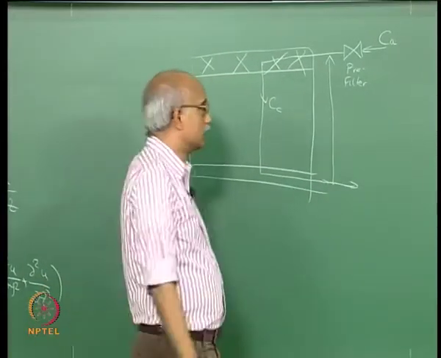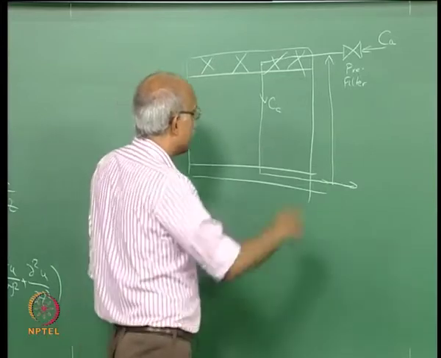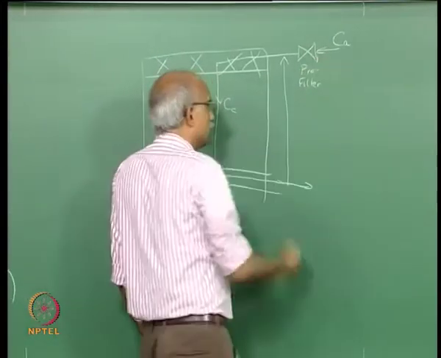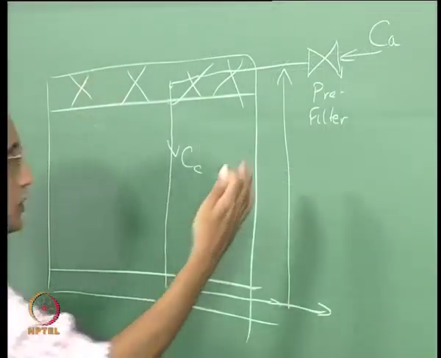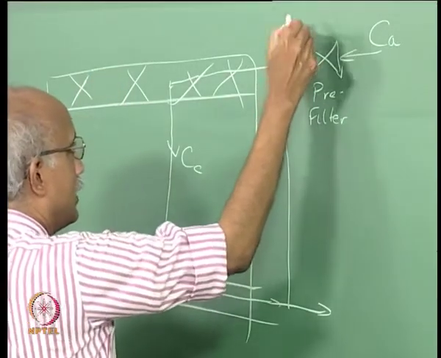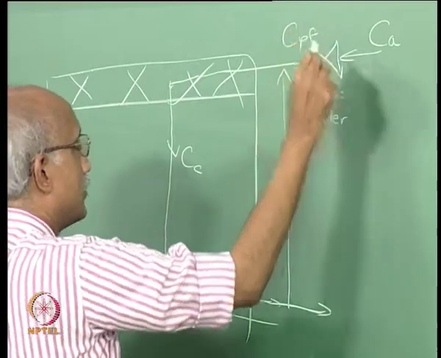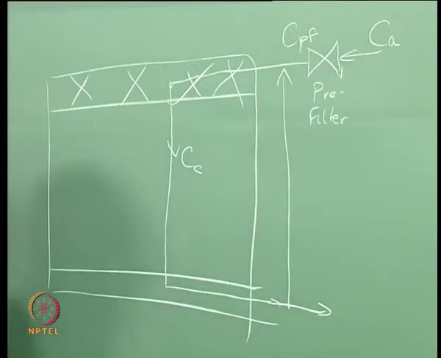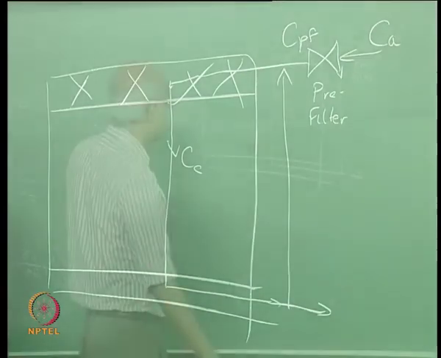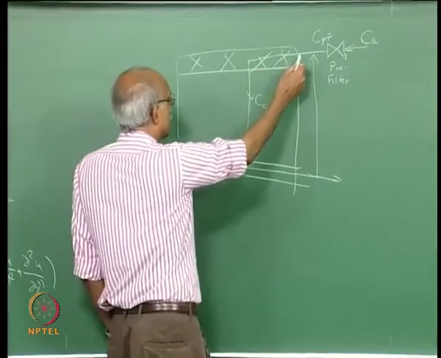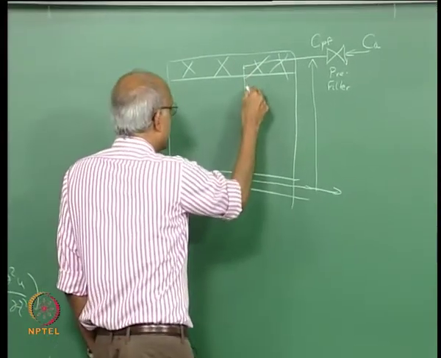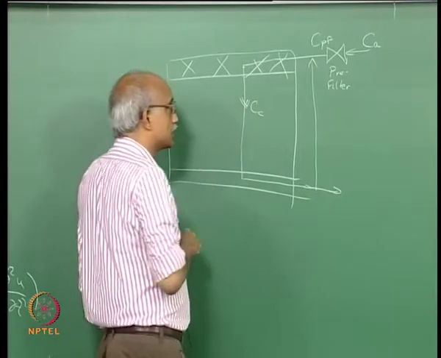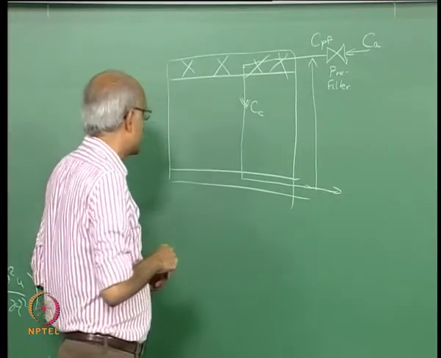Now the pre-filter is going to remove some percentage of that, and so you will have, let's call that Cpf, which is the concentration of particles as it comes out of the pre-filter, and then once it goes through the final filter in the clean room, it emerges with a concentration Cc.